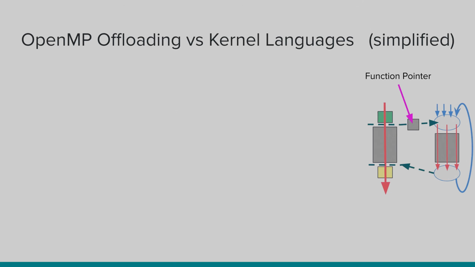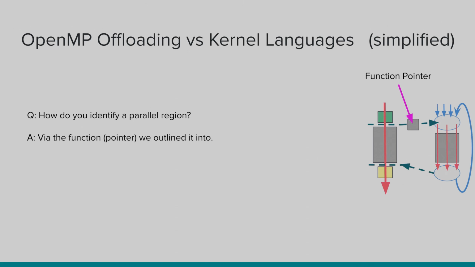Now, you have to see that this gray box here is actually a function pointer that represents this parallel region, because we have to somehow identify a parallel region between the main thread and the workers. And the function pointer we outlined the parallel region into is not only an obvious choice, but it's pretty much the only choice in a generic setting.